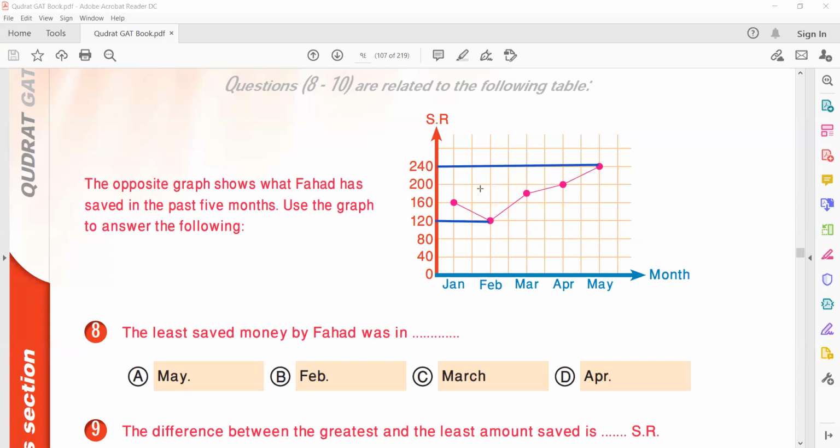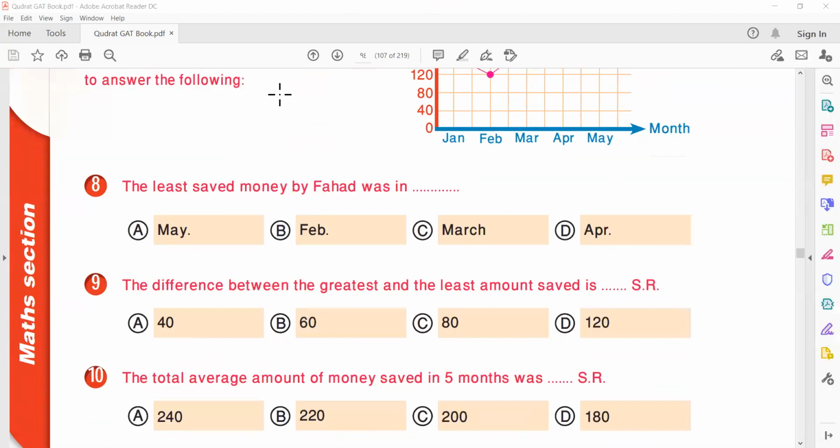So you subtract 240 minus 120. So what is the answer? When you subtract, it is 120. So the answer is D, right? The answer is D. Okay, number 10.